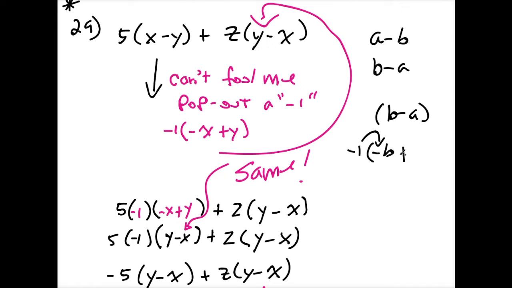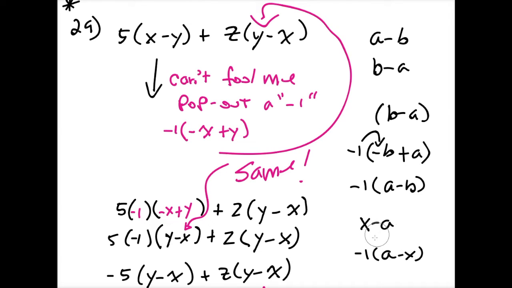Well, that's positive A. And whoa, that's the same thing as A minus B. So you have that right there, same as that. So now that you know that, if you ever have an X minus A and you need to turn it into an A minus X, you just go -1 times A minus X. So those two things are the exact same thing.